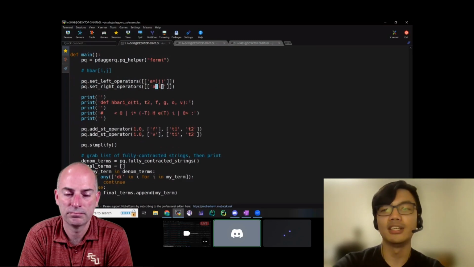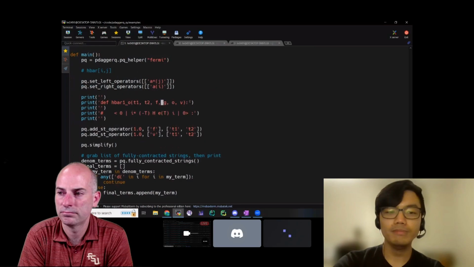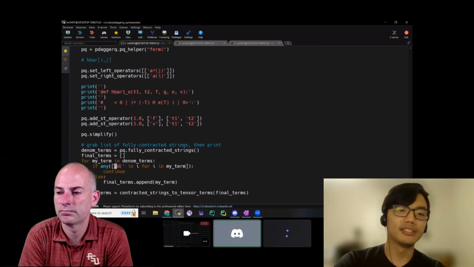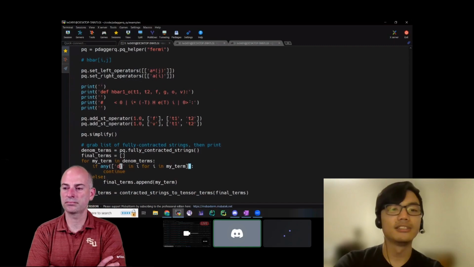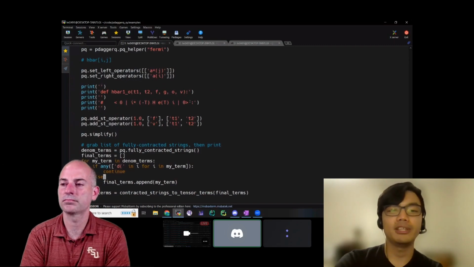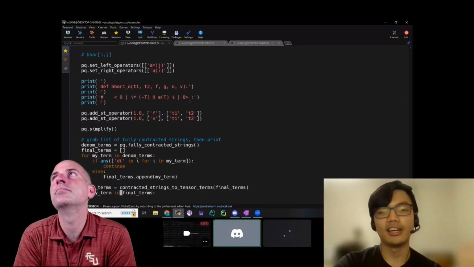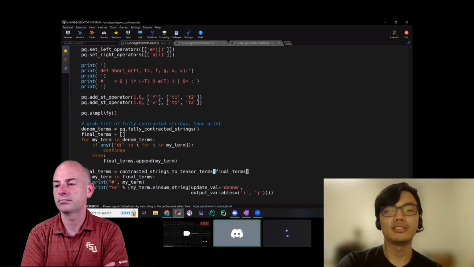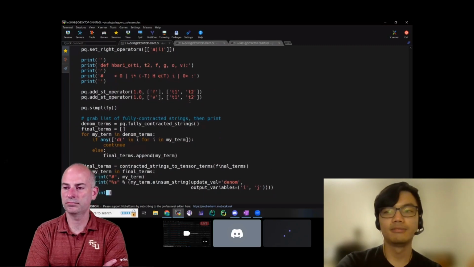I want to keep the ij labels. So I skip any term that has a delta in it, which will print something like D parentheses. So if there's a delta, skip it. Otherwise, put it in the actual terms that I want. And that's the expression that I will process and generate.